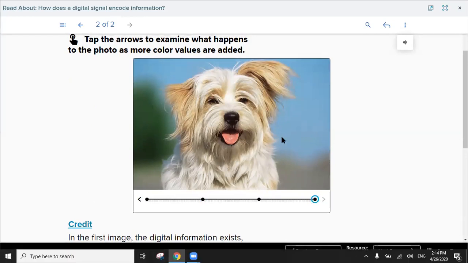So when you increase the pixels of the camera, you will take a clearer image, like this. This is the first one.